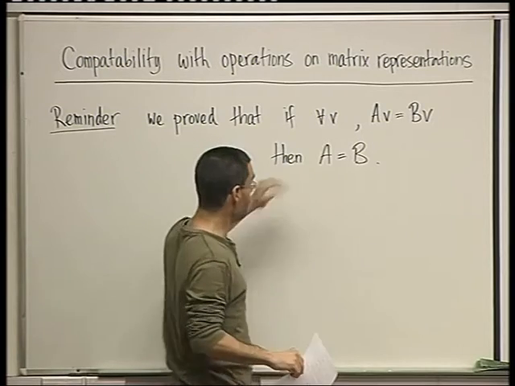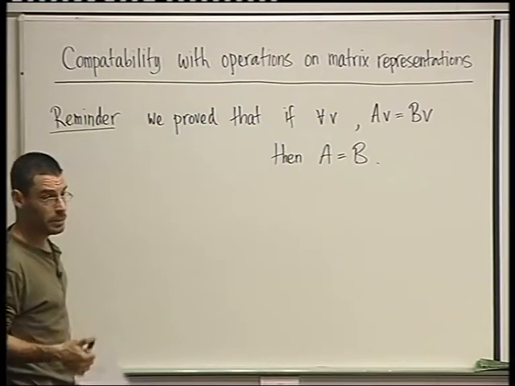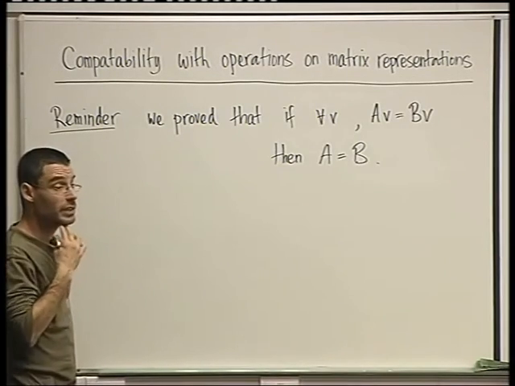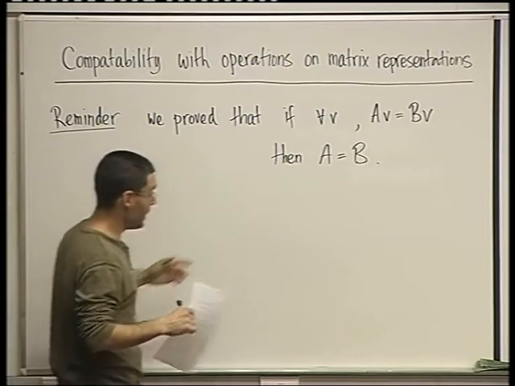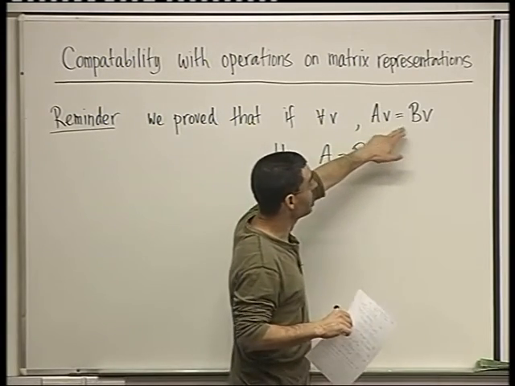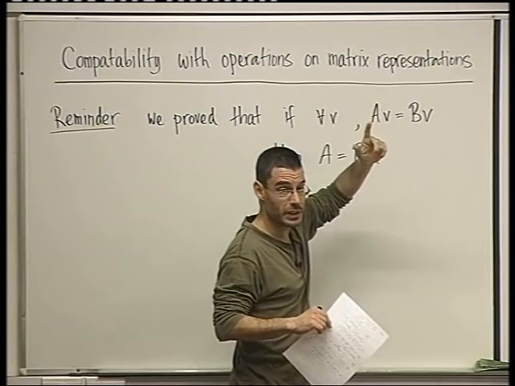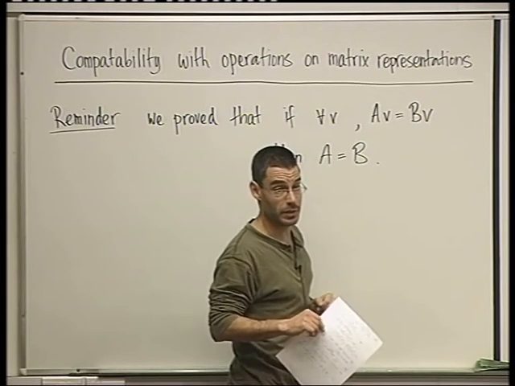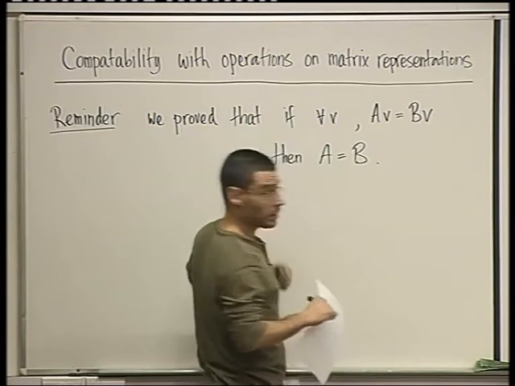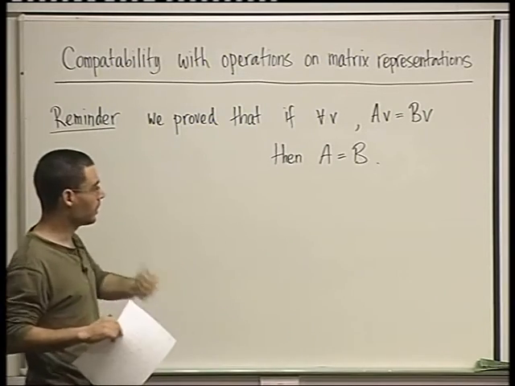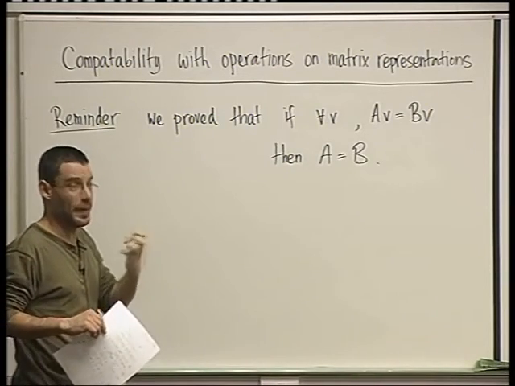The proof of this was not difficult, but it relied on some previous argument that if Av equals 0 for every v, then A is the zero matrix. That was where the facts were hidden.